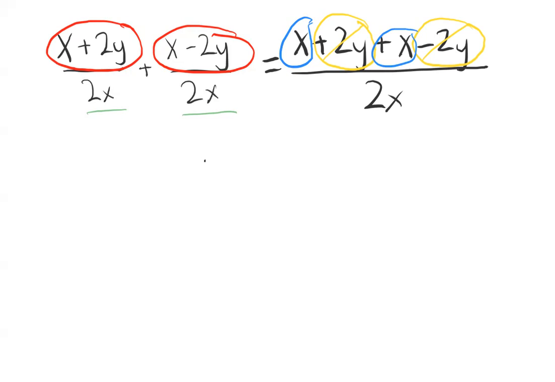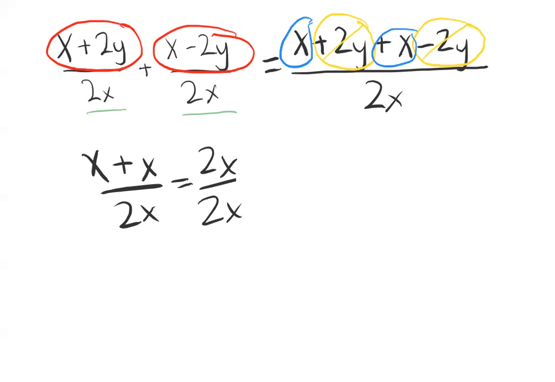So our problem will be x plus x over 2x, right? And then that is equal to 2x over 2x, which is simply equal to 1. So 1 is our solution.